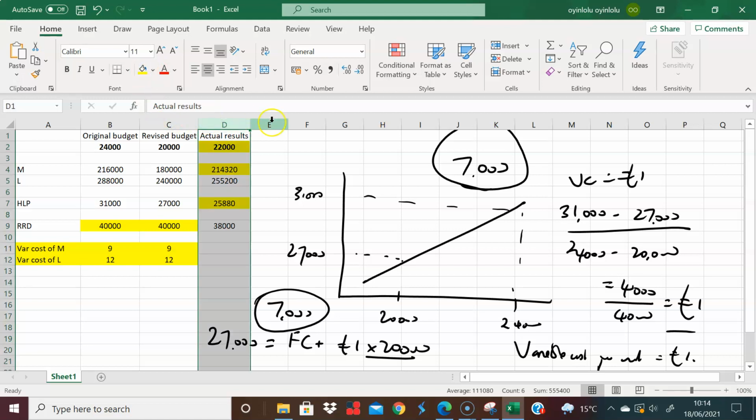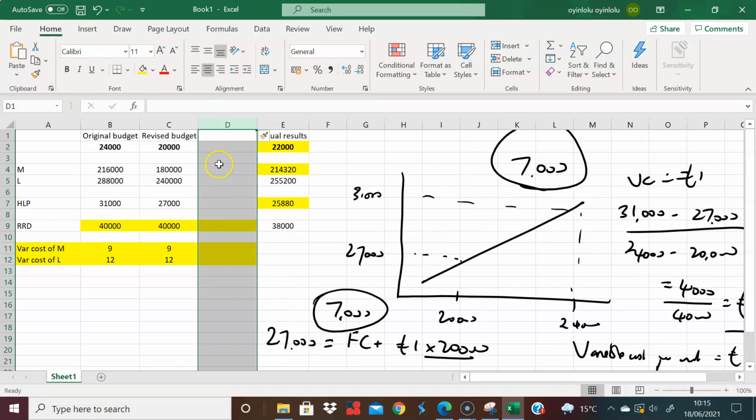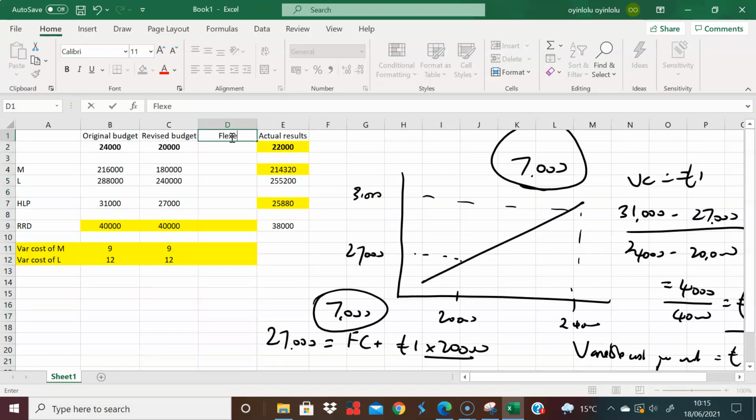So I will just insert and create and write here flexed. Flex budget, of course. And that's at 22,000. Again, the materials there, you have that. We know that the cost of each of these is 9. We're just really multiplying 9 by the 22,000, what we would have expected there.